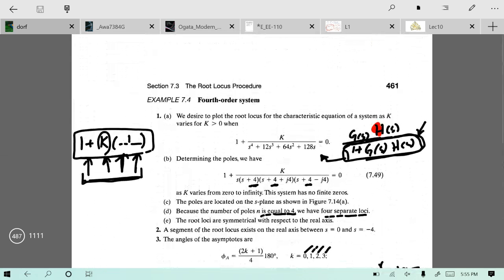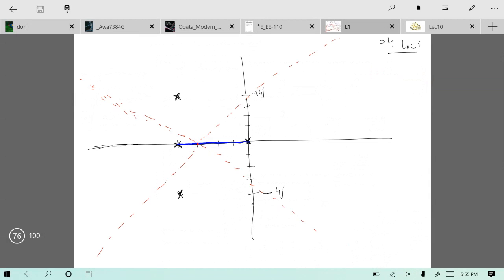So, next step. We are done with the first step. We have located the poles on the j omega axis on the s plane, and then we came to the conclusion that this part of the real axis is part of the root locus, and the next step was to draw the asymptotes. For that we needed the center of the asymptotes and the angle of the asymptotes.